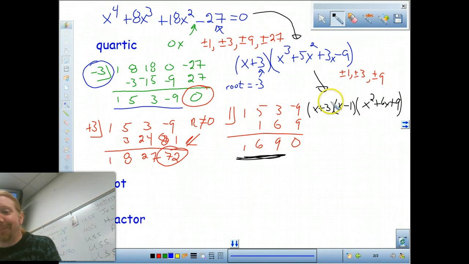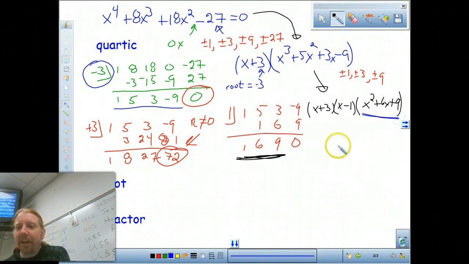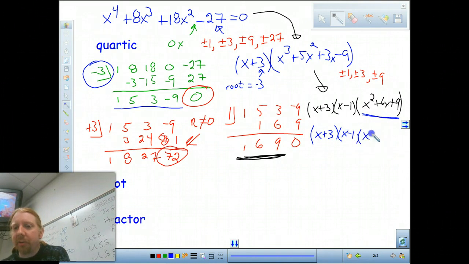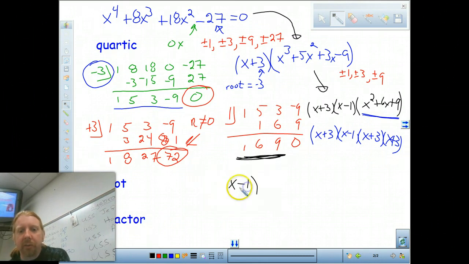Never mind. Exactly. Now, I take this last guy and factor him. And that's not so bad because it's going to be x plus 3, isn't it? So x minus 1. And then this factors as x plus 3, x plus 3. So if I write all of my factors out short form, I have x minus 1 as a factor, x plus 3 to the third.